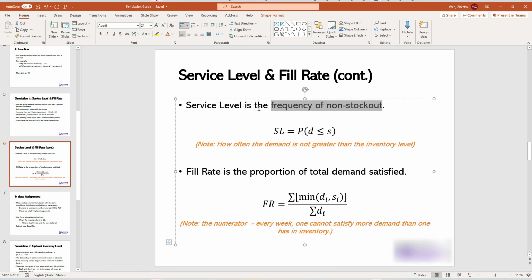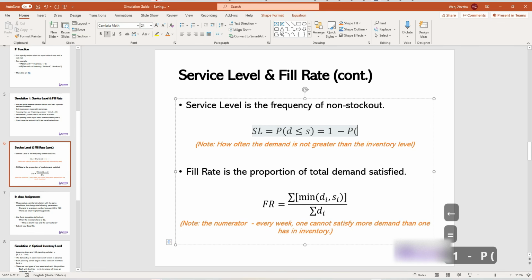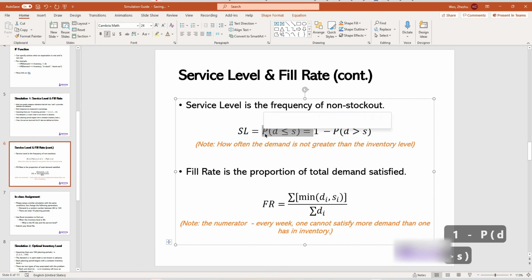So service level is the frequency of non-stock out. If you take a look at this equation, it says the probability of when the demand is no greater than the supply. When the demand is greater than the supply, that's where you have a shortage or stock out. So you can write it like this, D ≤ S, because this part and this part are basically the same.